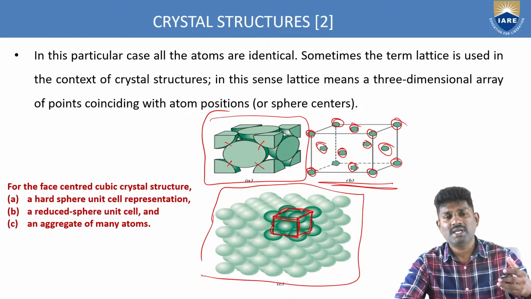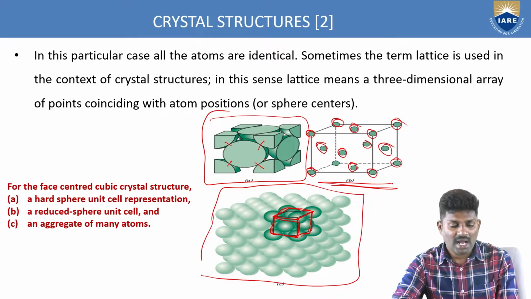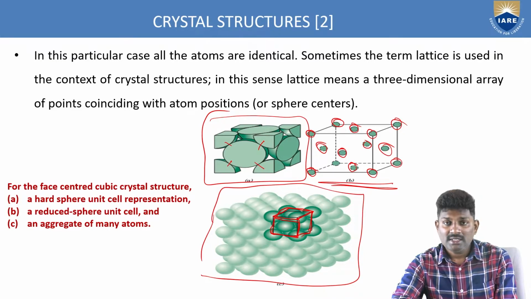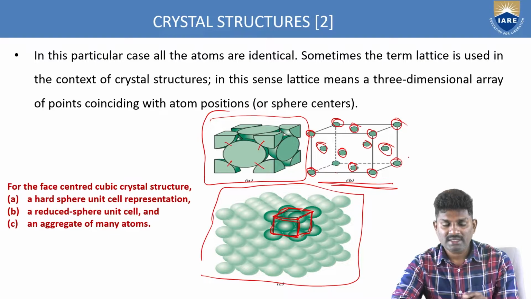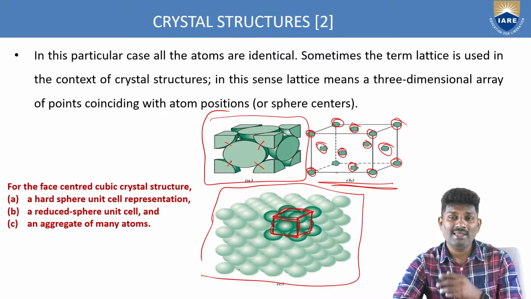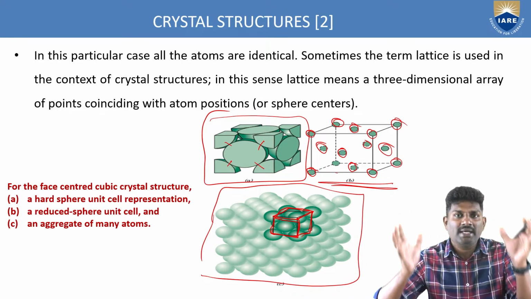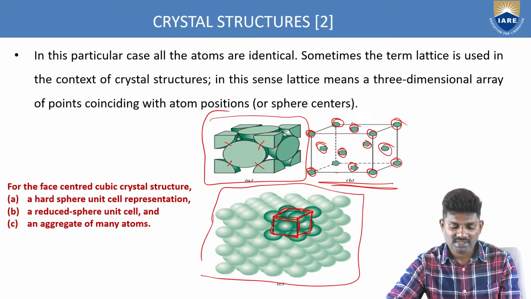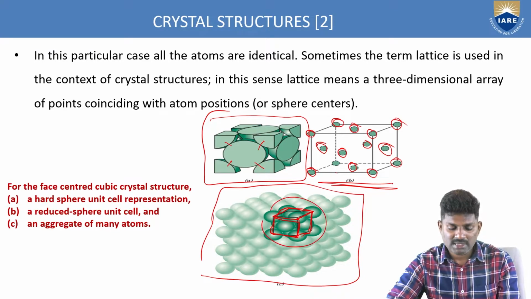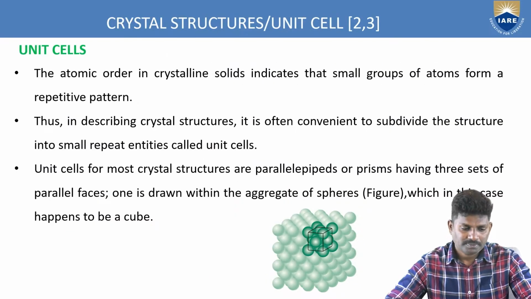To get clarity in the visualization, we are reducing the hard sphere unit cell into a reduced unit cell, so that you can see all the points where you are getting the bonding. Now figure C is the complete aggregate of all the atoms. So you're not considering the small element. For the complete aggregate of all the atoms, you're considering figure C. You can see the picture here where you have the complete aggregate of many atoms.